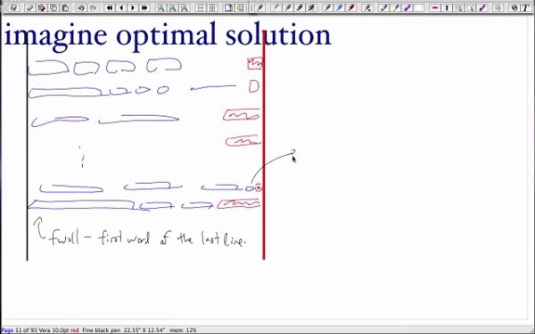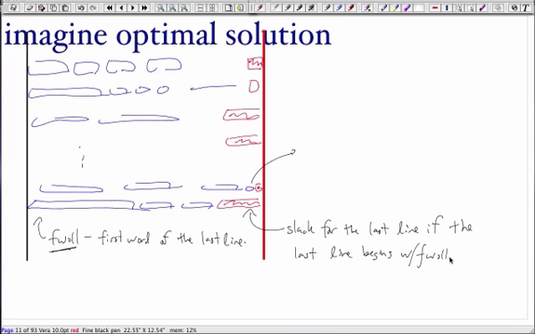We can express our best solution in terms of this fwall, right? Because depending on which word is the first word of the last line, that's going to define the slack for the last line.